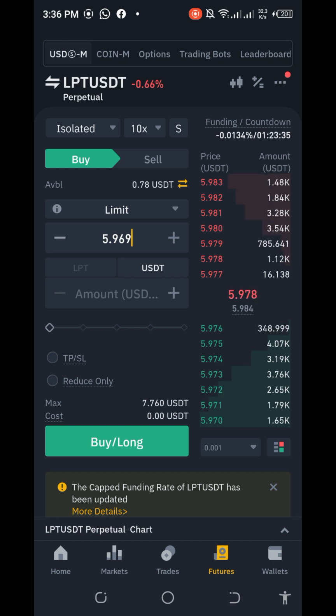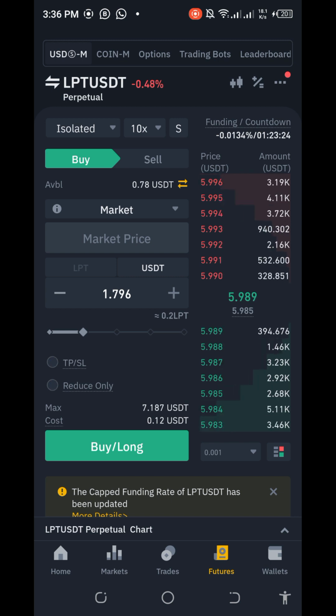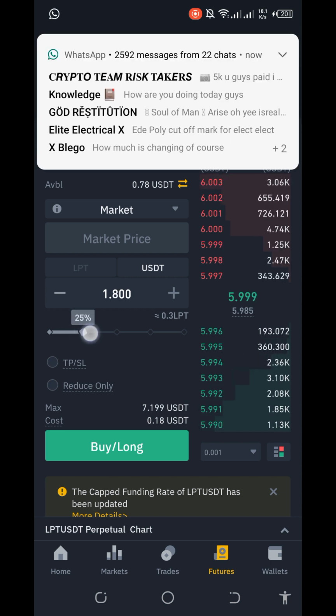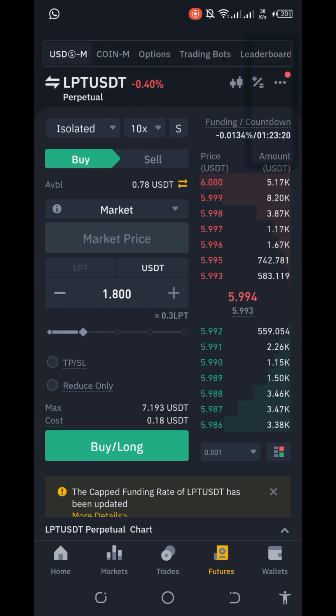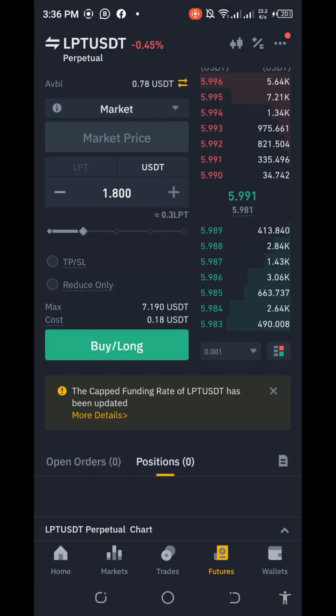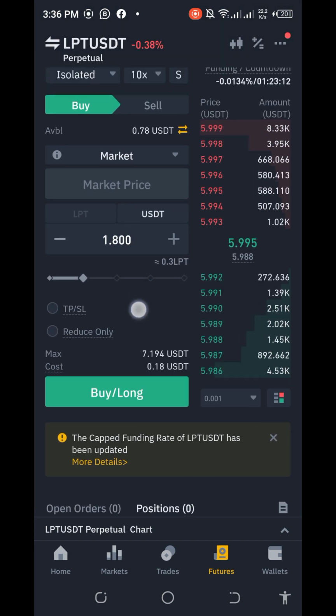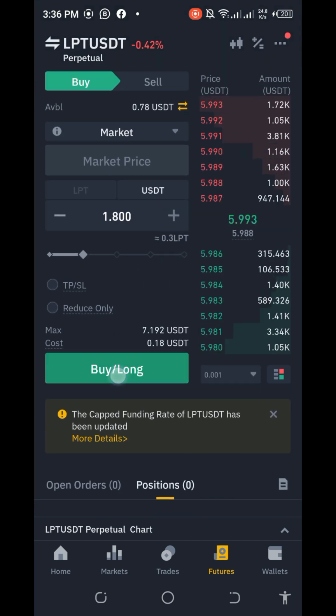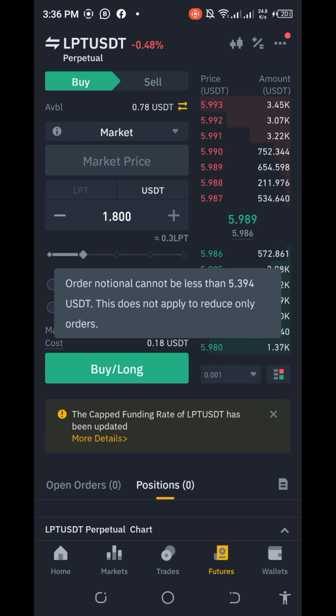I want to buy now, but I don't want to buy at the market price. If I click on this 25%, 25% here is giving 0.17. If I click on buy now, it will have to go and wait. It's still not much.